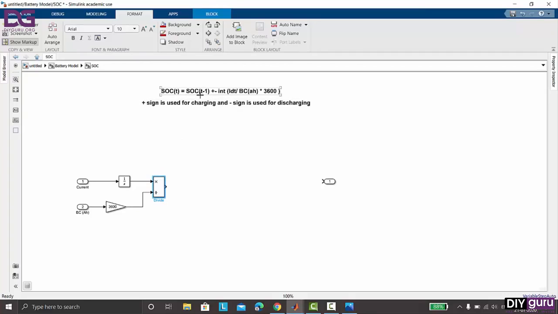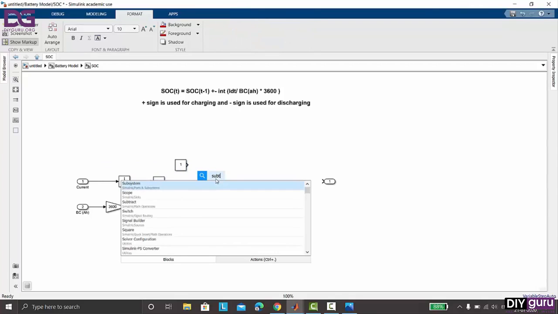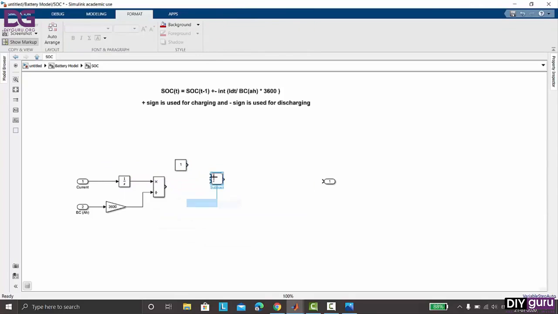Initially, at time 0, our SOC is 100%. So add one constant block and keep the value 1 as it is 100%. And add one subtract block to subtract the value, connecting the constant to the positive and the integration to the negative.